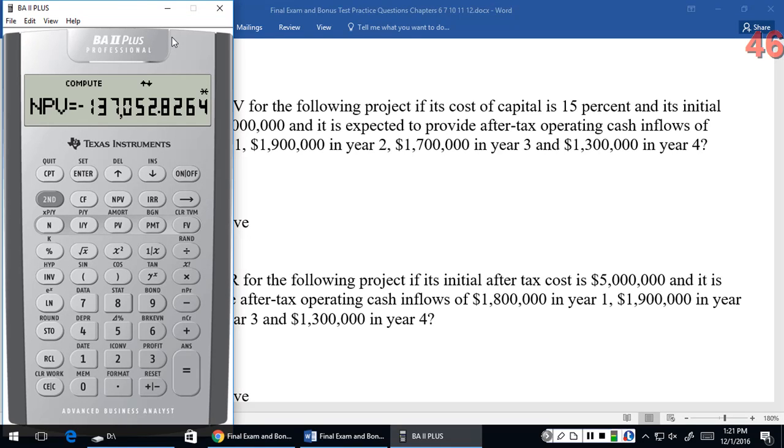Once we've got the cash flows in, all we have to do is press the internal rate of return key and press the compute key. And it tells us the internal rate of return is 13.57%, which is less than the cost of raising the money, which is 15%. So again, this would not be an acceptable project.